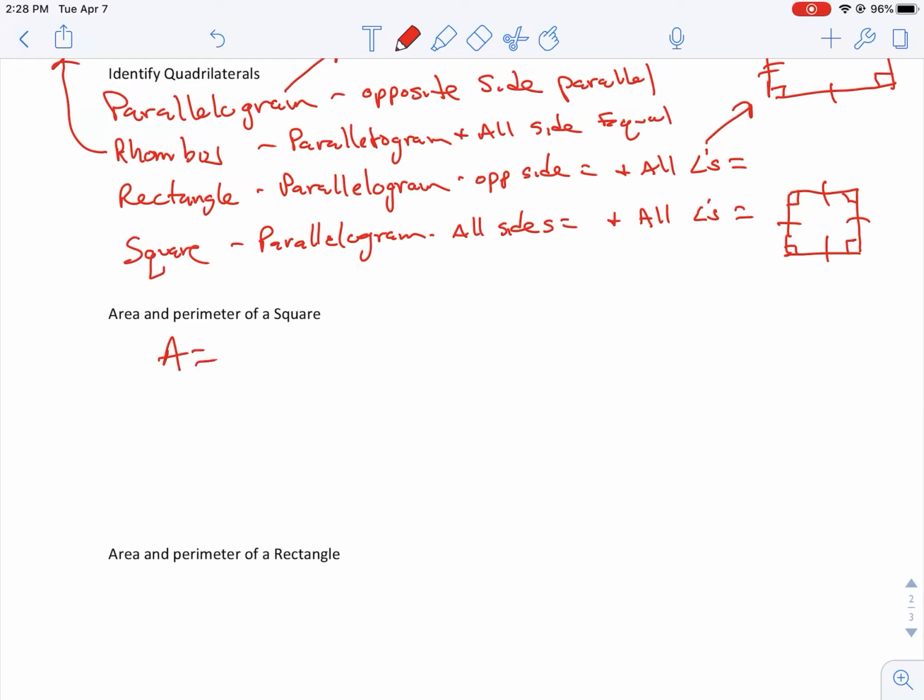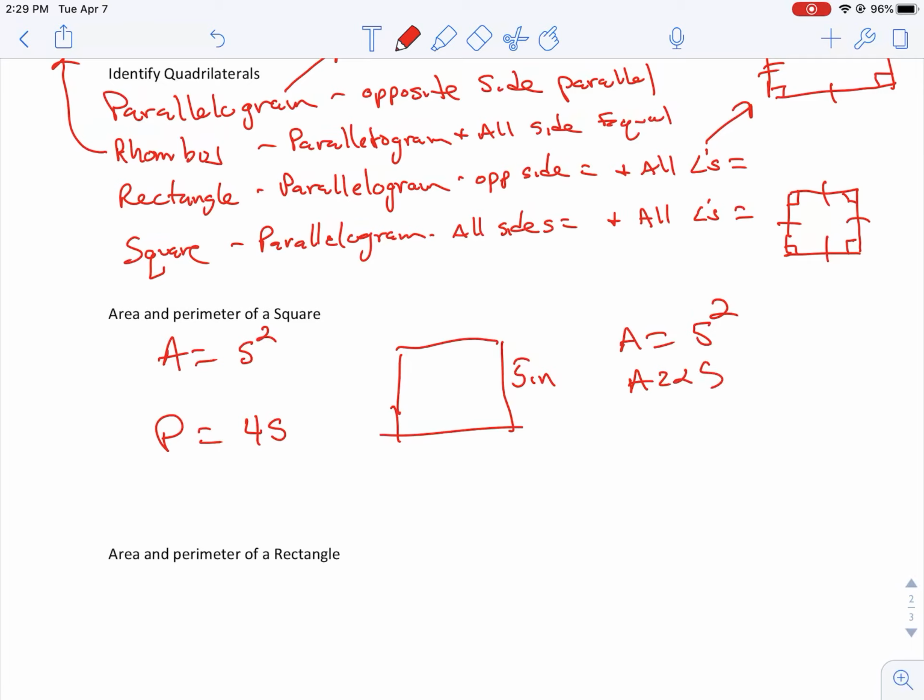And then to find the area and the perimeter of a square, area of a square equals one of the sides squared. To find the perimeter, we take 4 times the side. So if we had a square and we said this is 5 inches, the area equals 5 squared, the area equals 25 inches.